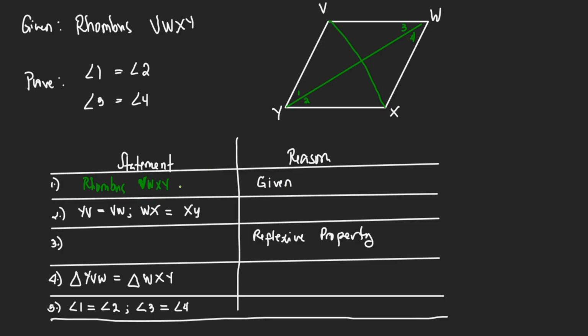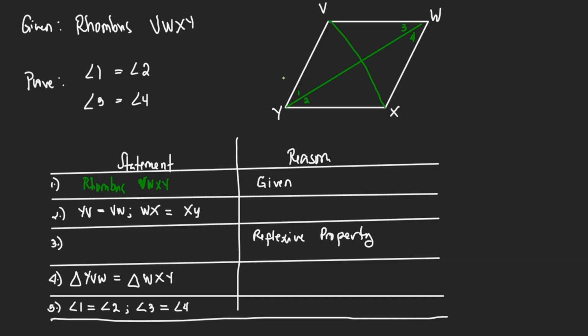Now, let's proceed to number 2. Let's state here that line YV is equal to line VW, and WX is also equal to XY. What will be the possible reason for statement number 2?